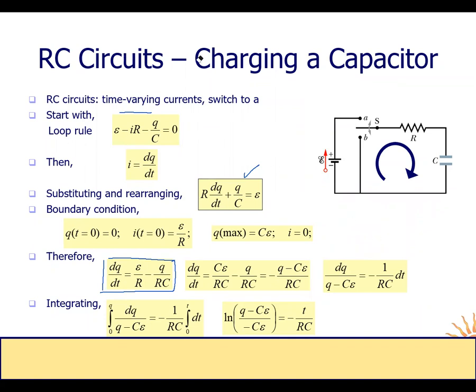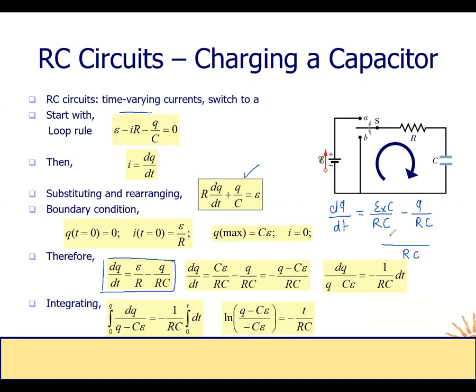Now I want to calculate Q. Okay, so what I do, here we have dq divided by dt equals E divided by R. We can multiply by C and we divide by C minus Q divided by RC. We take a common factor RC.